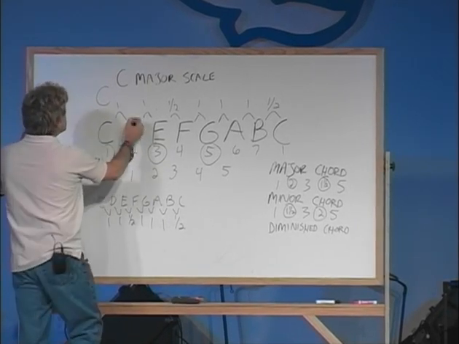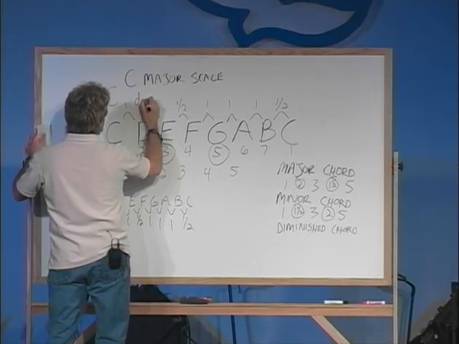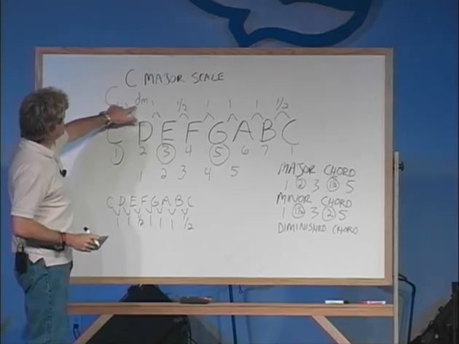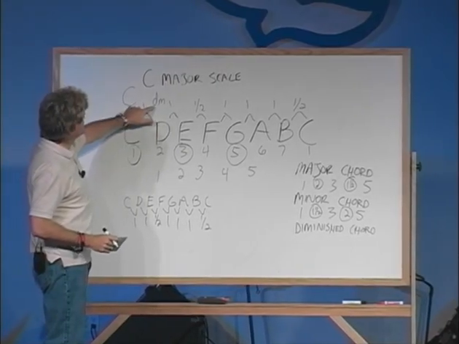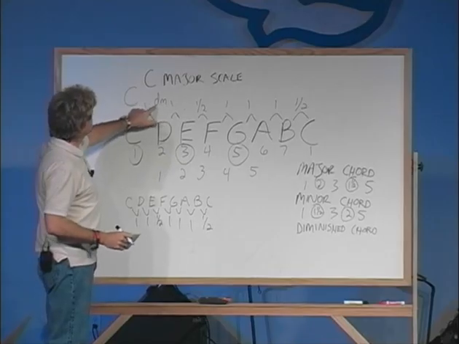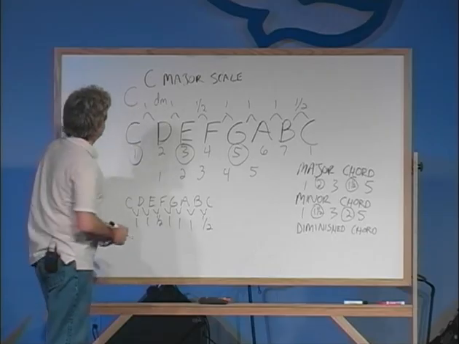We have C major, and we've already figured out that the next one is D minor. And notice I've written that as a small d, which is an indicator that it is a minor chord, and also a small m beside it.